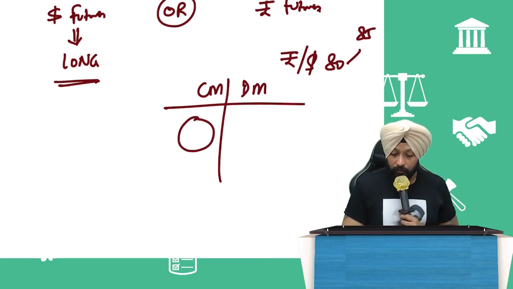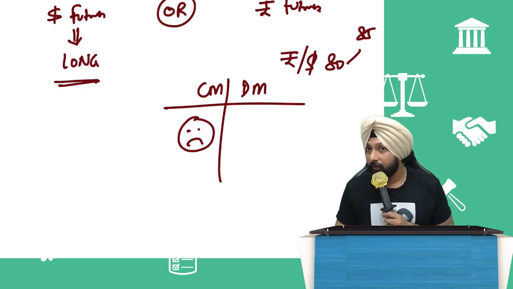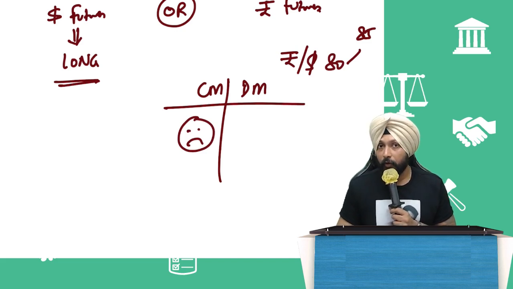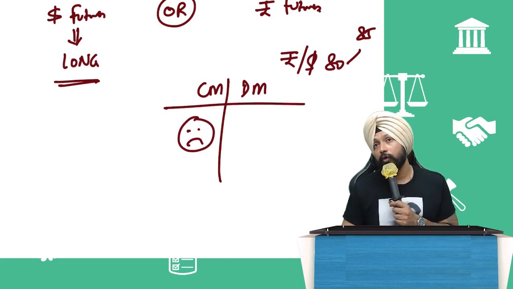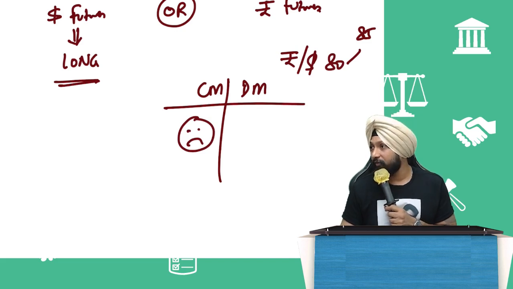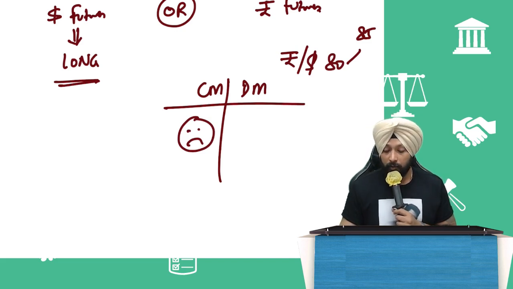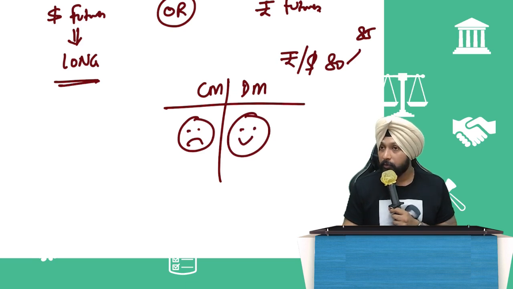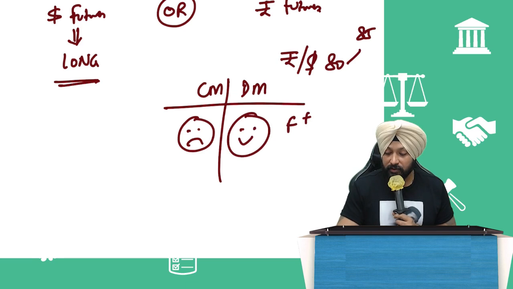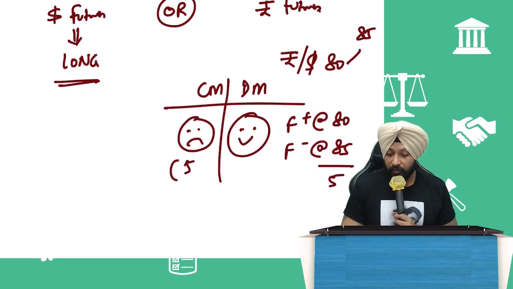In the currency market, you will cry. You're sad because you are thinking, oh, 6 months back we didn't settle. No, now we have to pay 85 for every dollar. In the derivative market, you smile. Why, sir? Because you took F plus at 80. You will do F minus at 85. How much did you make? 5. How much did you suffer here? 5. So whatever extra you suffered here, you make over here.